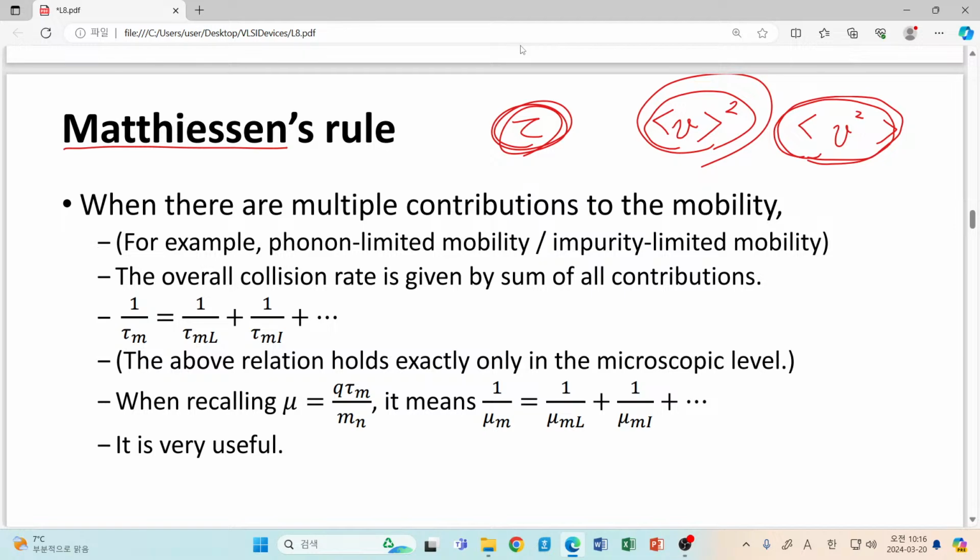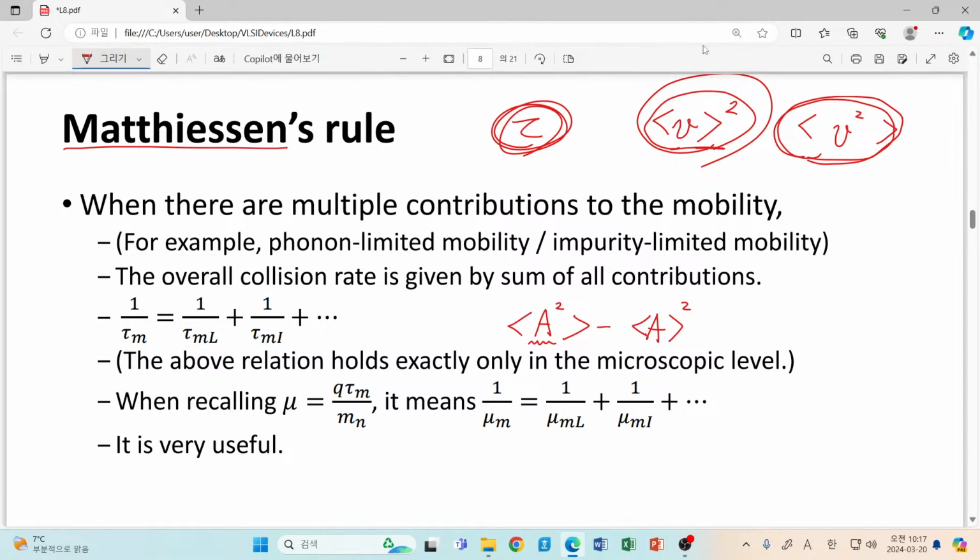In statistics, when we have a certain quantity and take this operation, that is defined as the variance over a variable A. So as you know, they can always be different.